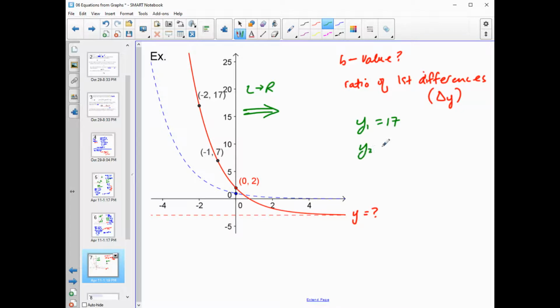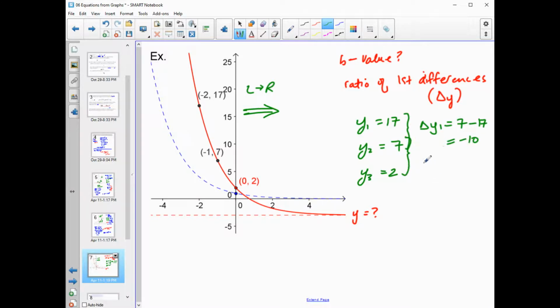My second y value is going to be 7. My third y value is going to be 2. And so that's going to be my first difference, which is 7 minus 17, which is -10.